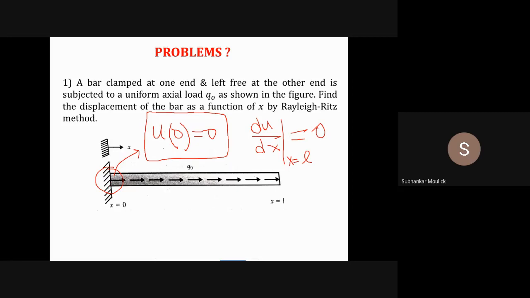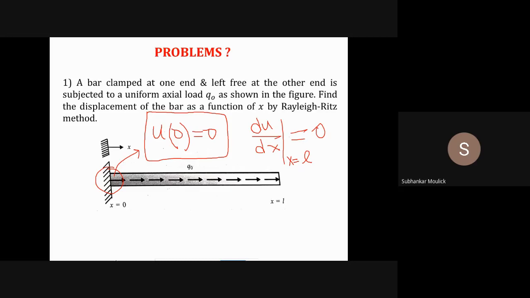Yes or no? Yes, sir. Due to application of load Q naught, there will be no slope at the end point x equal to L. So I can write du over dx at x equal to L is equal to 0.